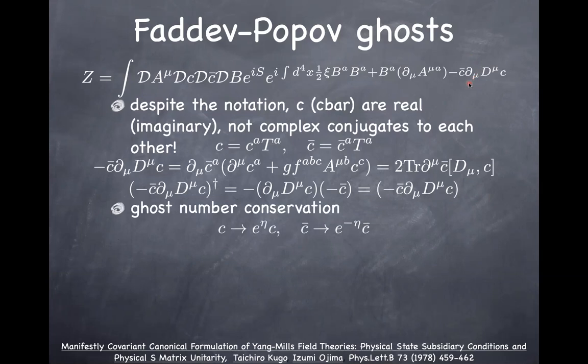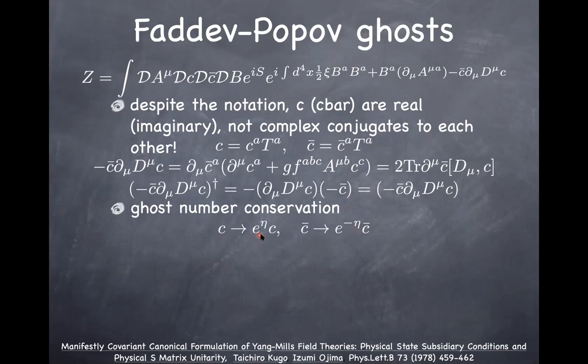And this Lagrangian also has a new symmetry called ghost number conservation. Because C is real and C̄ is imaginary, I'm not allowed to change the phase of C and C̄, but I'm allowed to change the normalization of C and C̄ in opposite ways. So η is a real parameter.